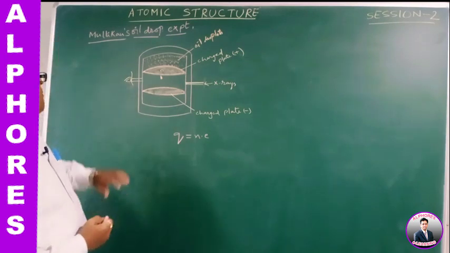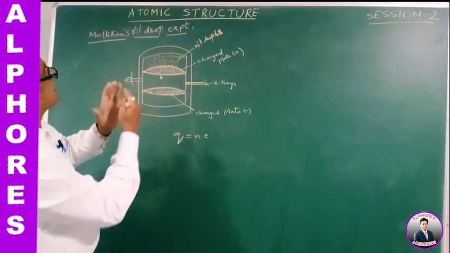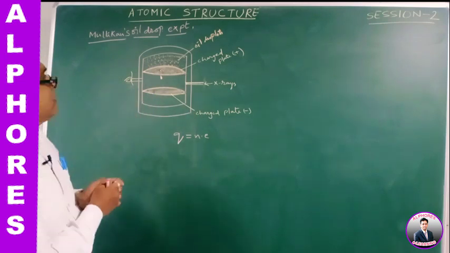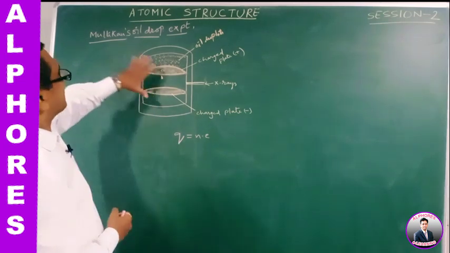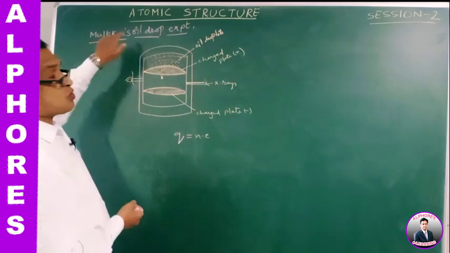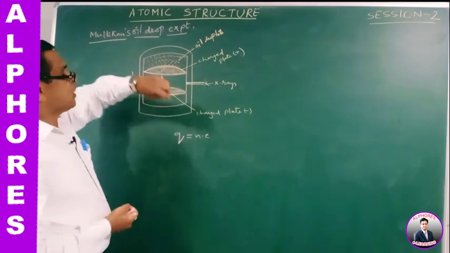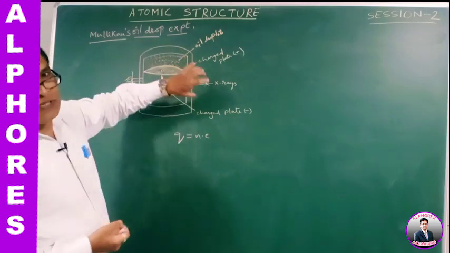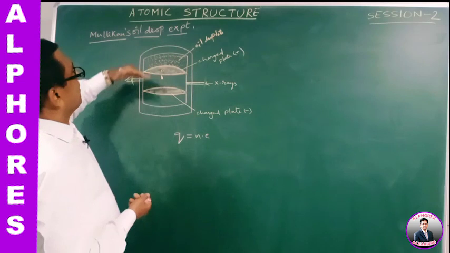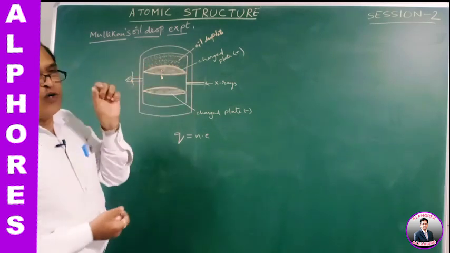Once again, Millikan's oil drop experiment, let us briefly discuss the diagrammatic explanation. The electrical condenser is used to determine the charge of the electron. Oil droplets are dispersed in the upper portion of the condenser. In the upper plate, a small tiny hole is present.